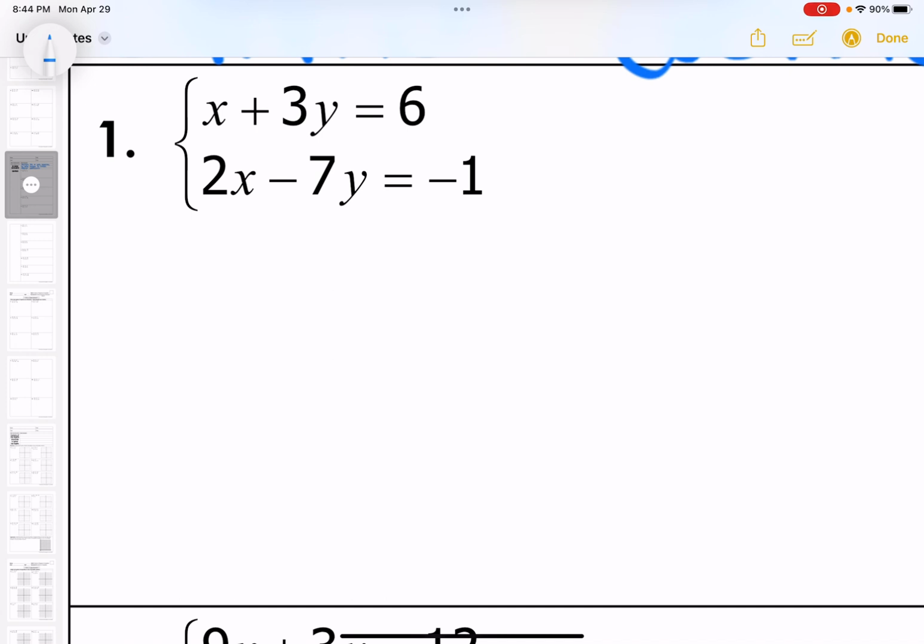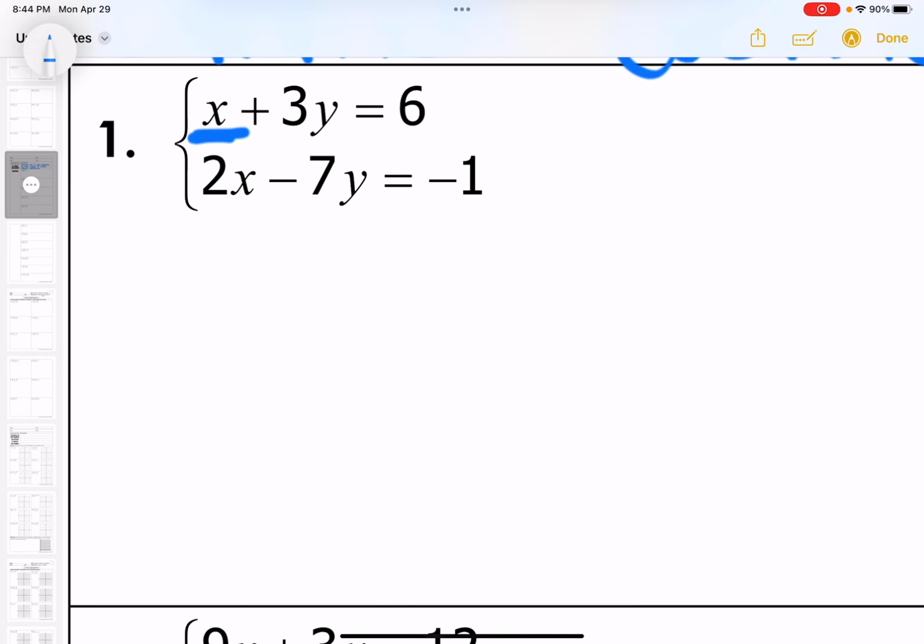So, looking at number one, we have x plus 3y equals 6 and x minus 7y equals negative 1. In this particular example, I'm going to be eliminating x, because this x doesn't have a visible number beside it, so that's going to make this problem a little bit easier. Some of those you won't have that option, but for right now, that's why I'm eliminating x.